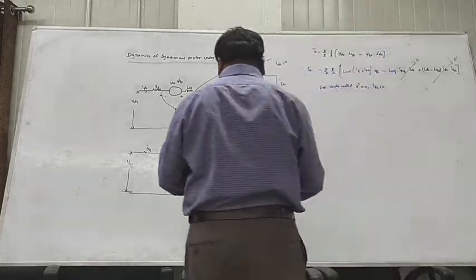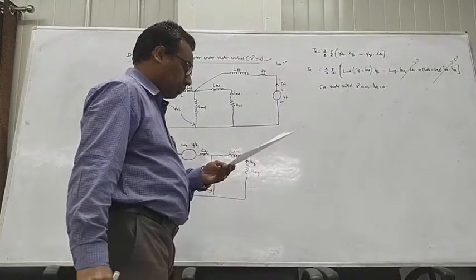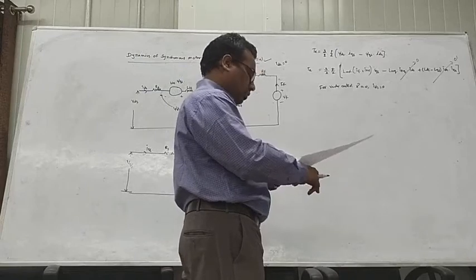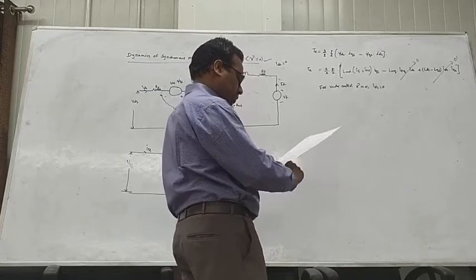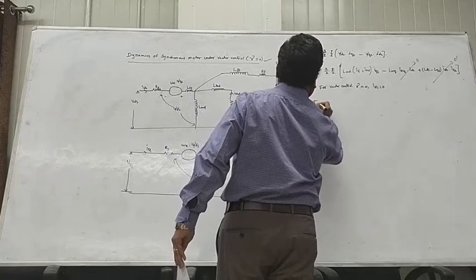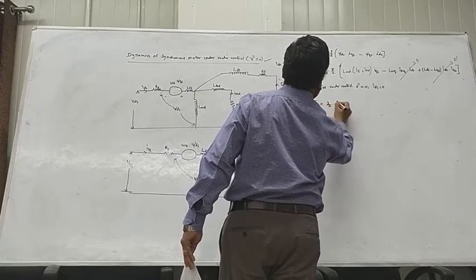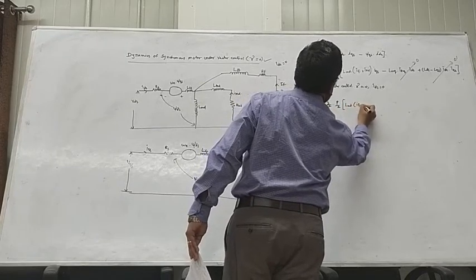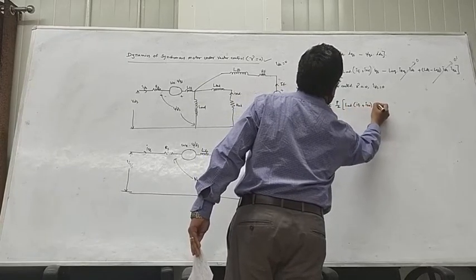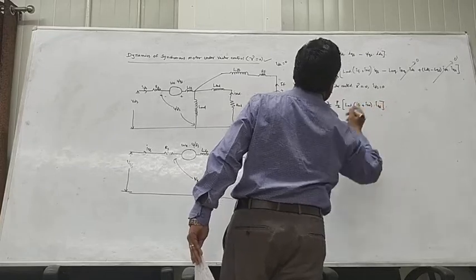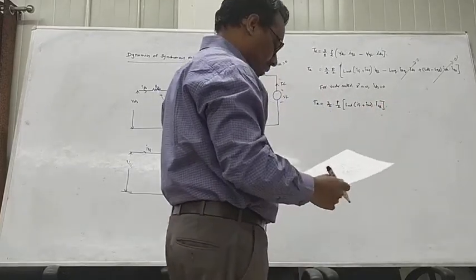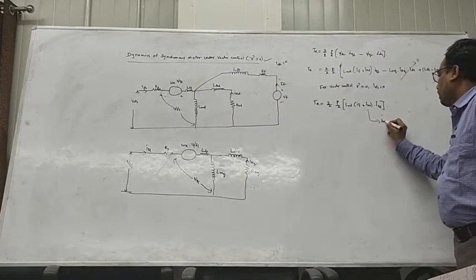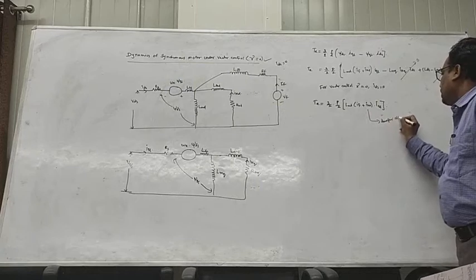If you substitute that, the exact torque value, both under steady state condition, is equal to 3 by 2 into P by 2 into LMD into IF plus IKD into IQS. So this is the torque equation now. Here IKD is the damper circuit current.